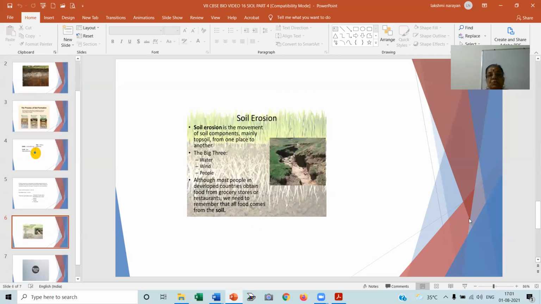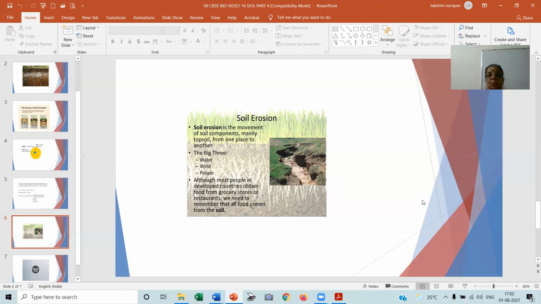Okay. The next one is soil erosion. We have dealt with soil erosion many times, but still, soil erosion is the movement of soil components, mainly topsoil, from one place to another.